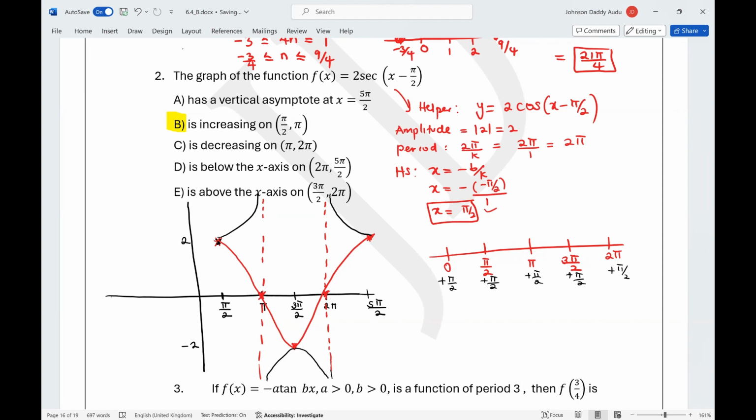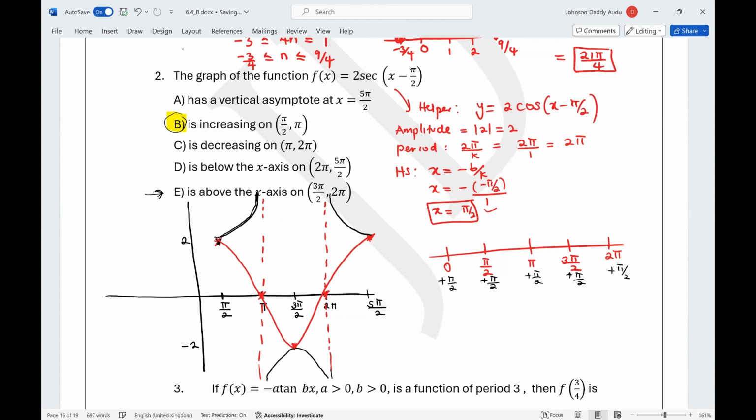No, it's not. So the only correct answer here is B. And you can see it is increasing from pi over 2 to pi. So this function is increasing, right? But look at E. What does E say? E says that the graph is above the x-axis on the interval 3 pi over 2 to 2 pi.